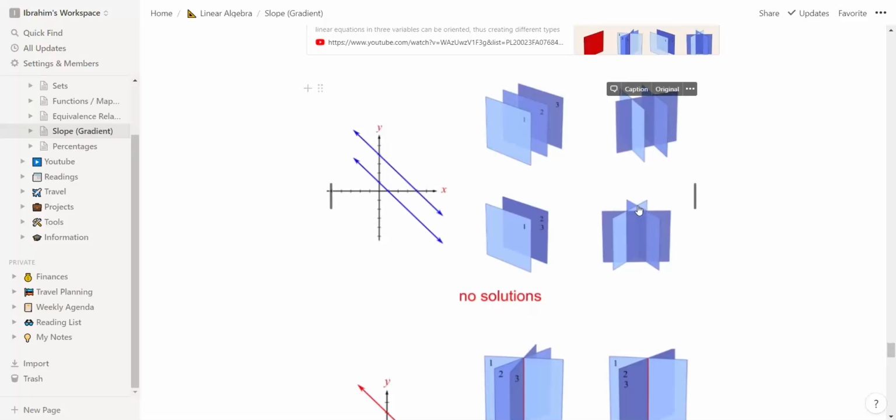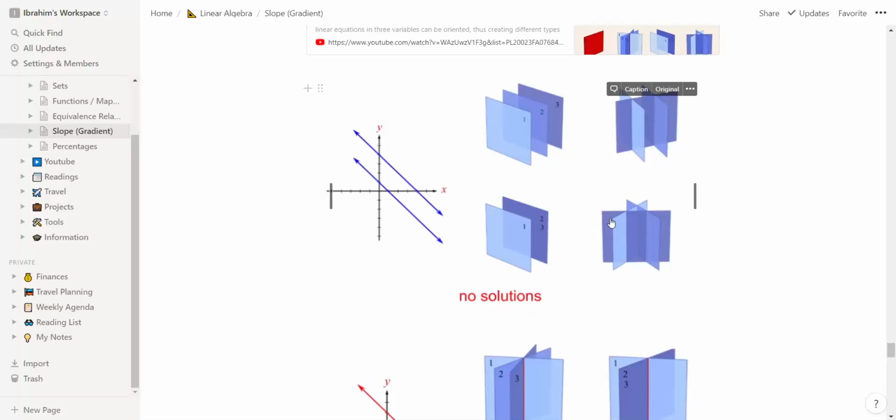And the same here. So you have these two connected at this point, but they're connected to this horizontal plane at different points. And that's why it makes the equation without a solution.